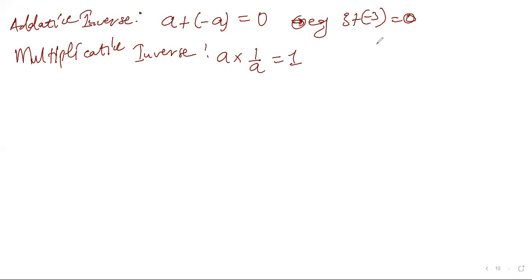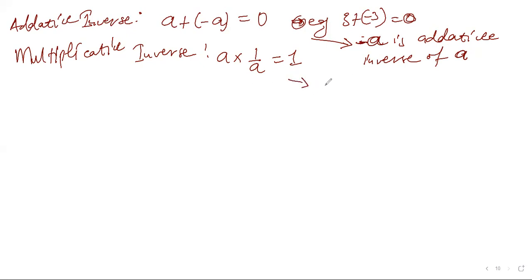So here we say that negative a is an additive inverse of a, because when you add them, they give you 0. And 1 over a is the multiplicative inverse of a, because if you multiply them, they give you 1.